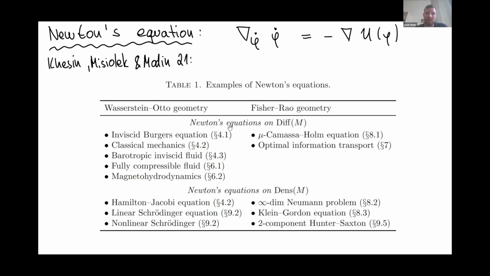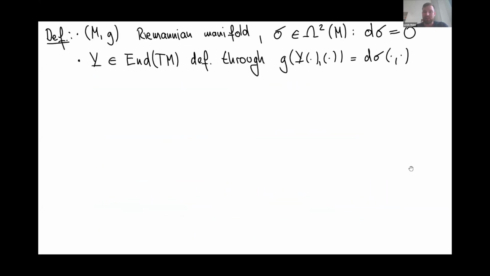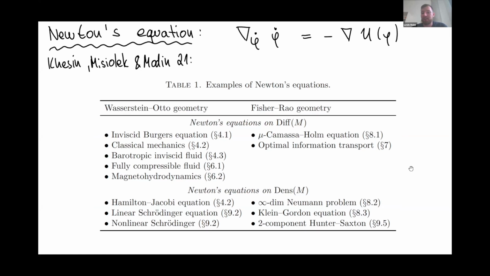For example, the inviscid Burgers equation, or optimal information transport on the diffeomorphism group, or the Hamilton-Jacobi or Schrödinger equation on the space of densities. But the next natural step is now to ask: what about charged particles? Can one also rewrite some PDEs as magnetic geodesic equations?